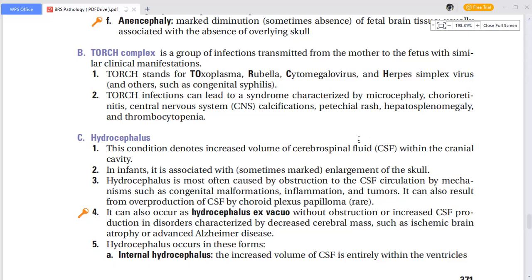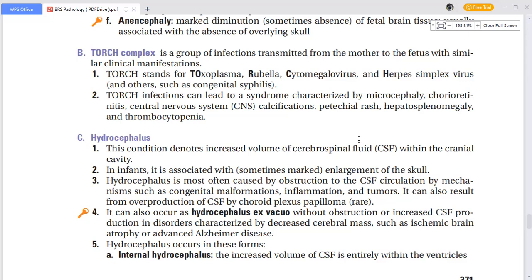Those openings are there for CSF to move from the ventricles into the spinal cord so that it can flow. But before that, we need to talk about granulations. After the fourth ventricle, we have the arachnoid granulations.